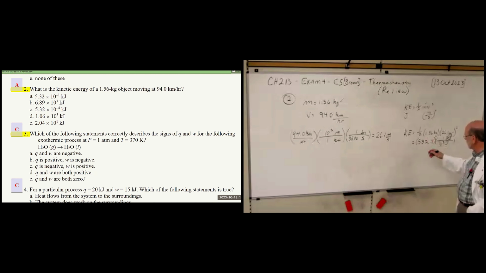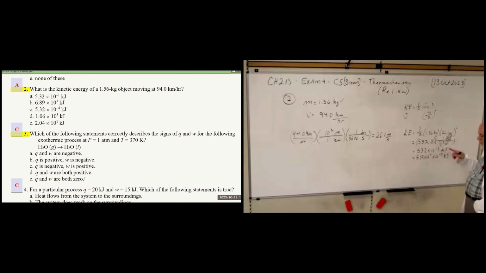So if we divide this, we get 532 times 10 to the minus 3 kilojoules, because we cancel joules. But 532 is 5.32 times 10 squared. We move the decimal 1, 2. But it's still times 10 to the minus 3 kilojoules.